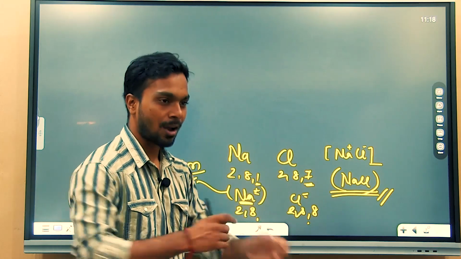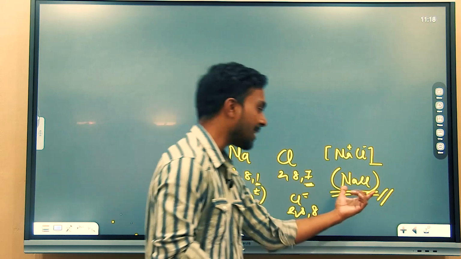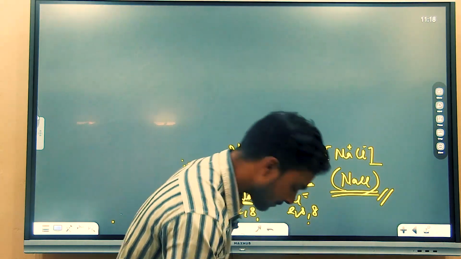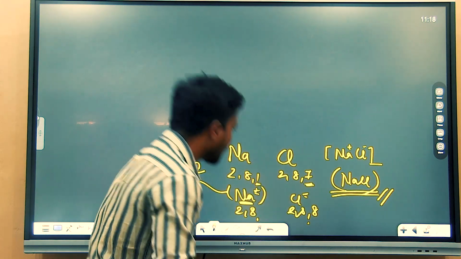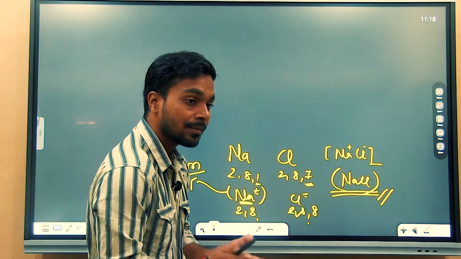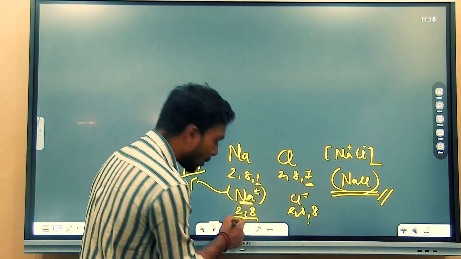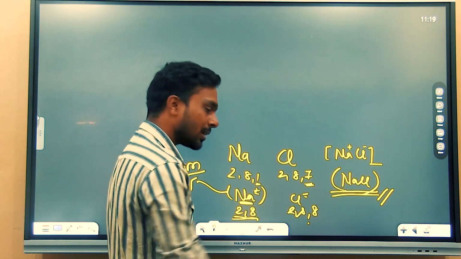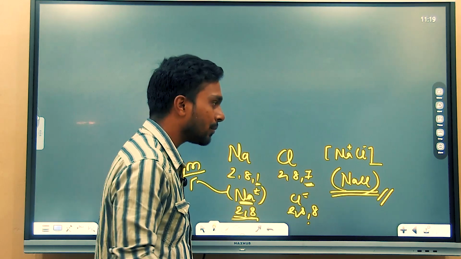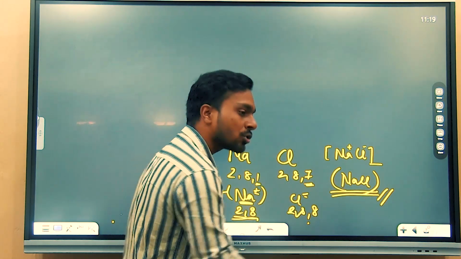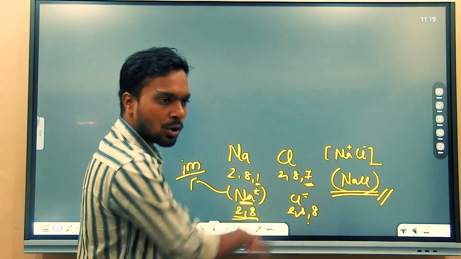Think practically how you are going to find that NaCl has an ionic bond. कैसे पता चलता है? अच्छा, वो तो समझ में आ जाता है, because when bonding happens, then too this will be the same, right? When the covalent bond forms, the sharing of outermost electrons will complete their outermost octet, right?